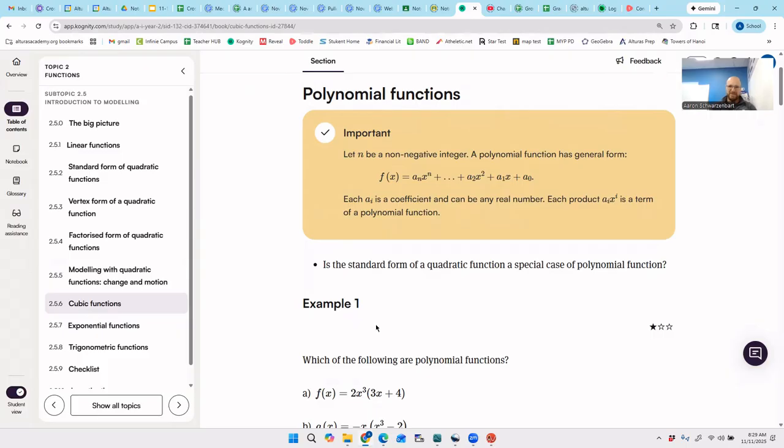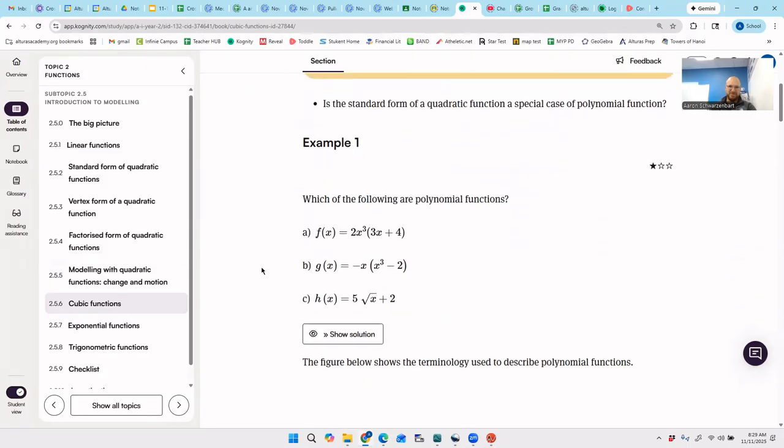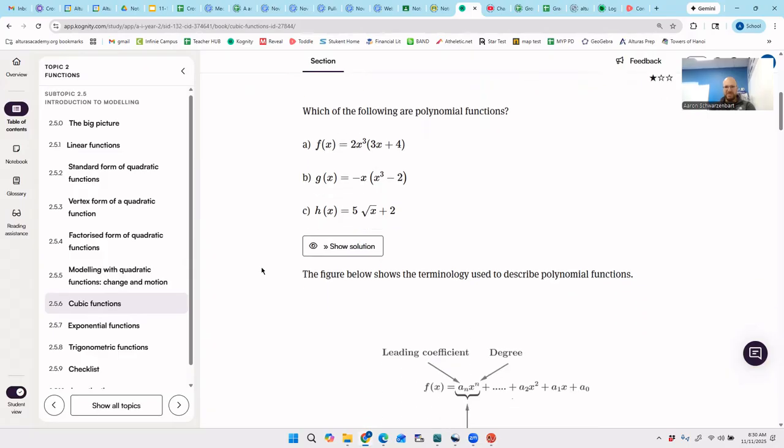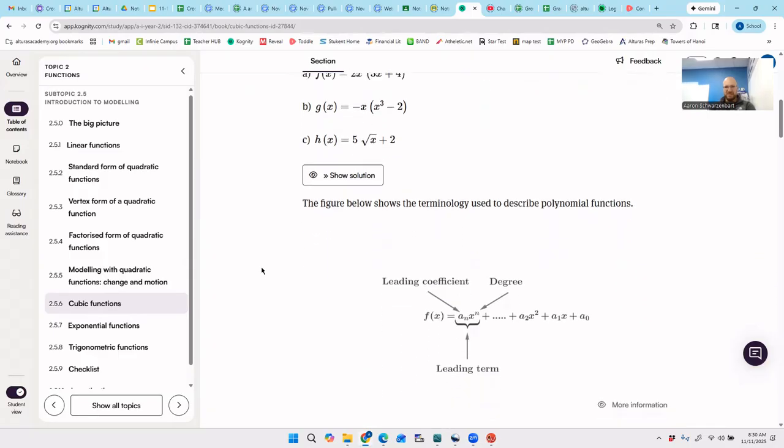Okay. All of the exponents are whole numbers. So which ones of these are polynomials? A and B are. It does not matter what the coefficients are. It just matters.